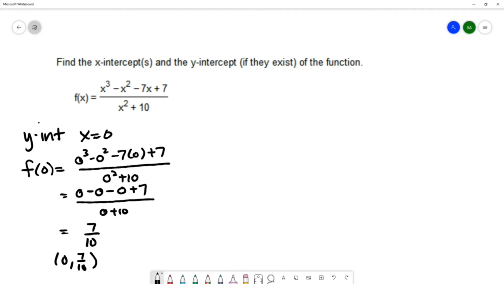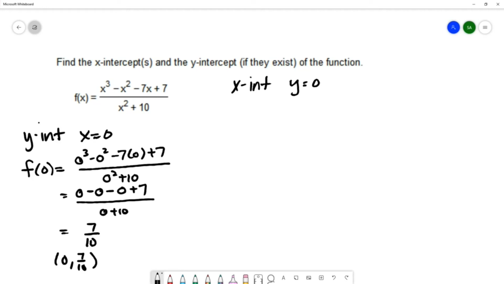So then I want to find the x-intercept. Like I said, this is usually a little bit harder. An x-intercept is where the graph either crosses or touches the x-axis. And because it crosses or touches the x-axis, the y-coordinate will be 0. Our equation here is written in function notation, and it is f of x equals x cubed minus x squared minus 7x plus 7 over x squared plus 10.